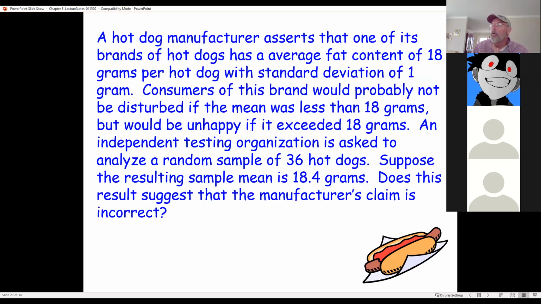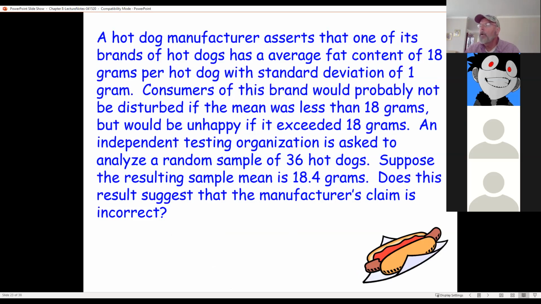All right, so here is another example. We're talking about a hot dog manufacturer. The manufacturer wants to let consumers know that the average fat content is 18 grams per hot dog, which sounds like a lot of grams, with a standard deviation of 1 gram.